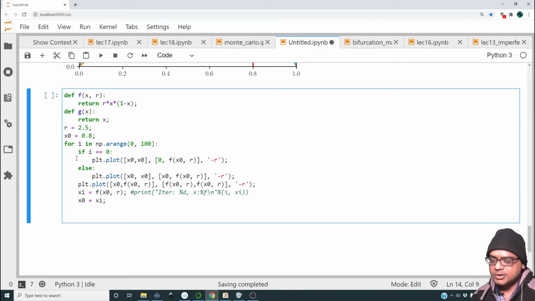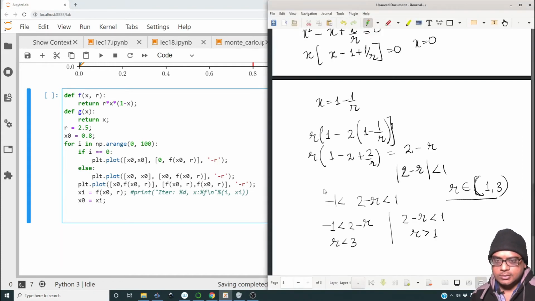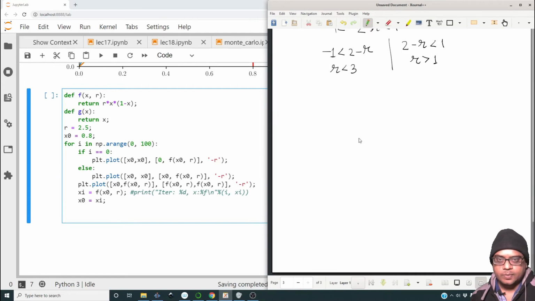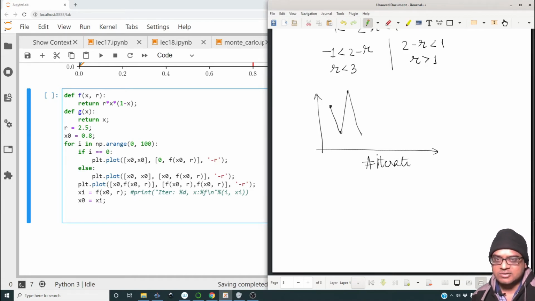So for that we need to plot the following thing. Let me show you. On the x-axis we'll have the iteration number, and on the y-axis we'll have the actual value of the present x. It will look something like this, or if it converges it will look something like this. So let's have a look.